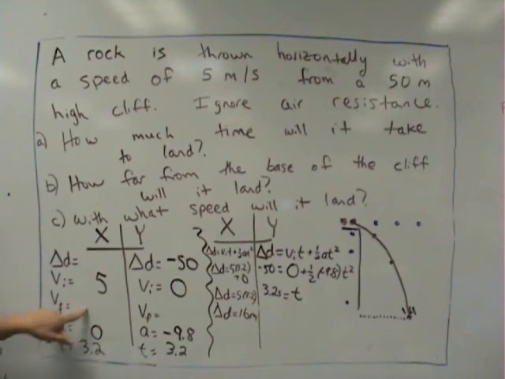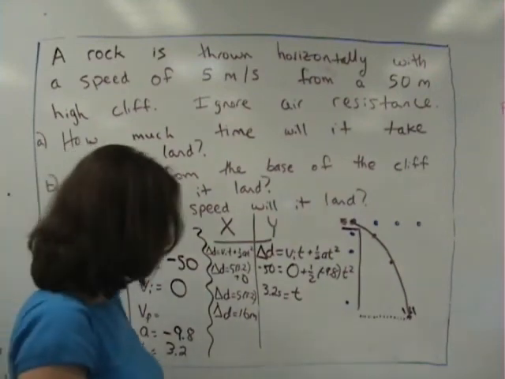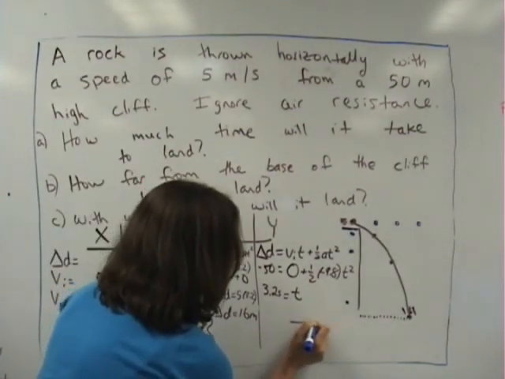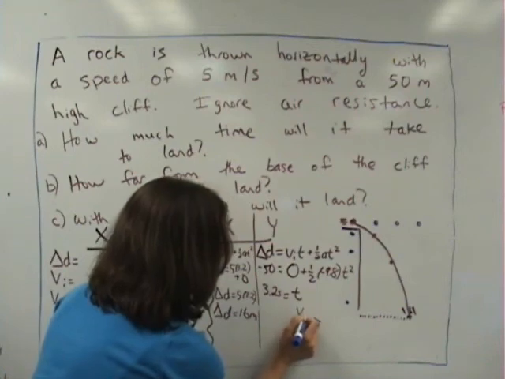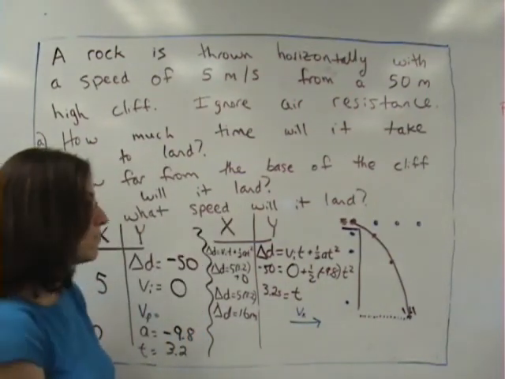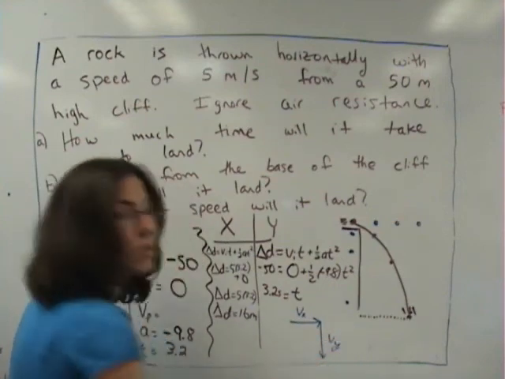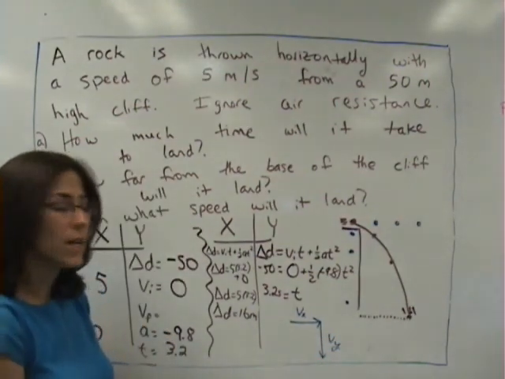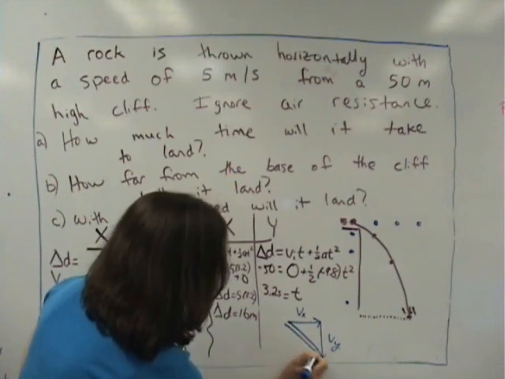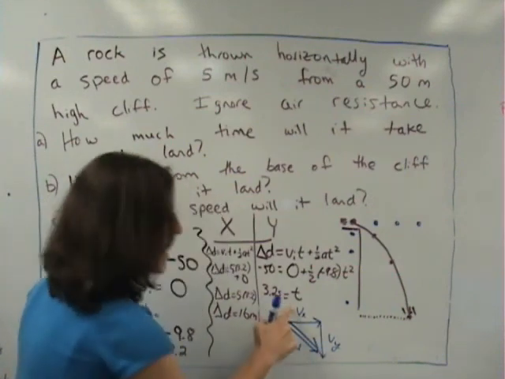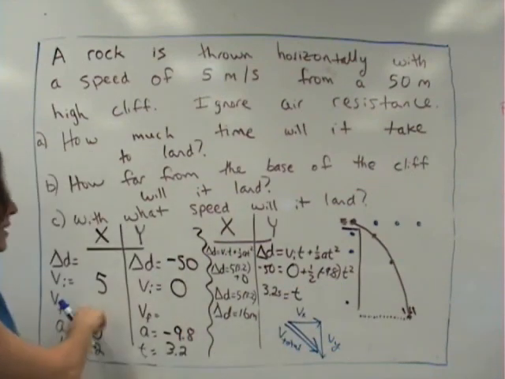You'd solve for the final x velocity using this side, and then you need to put them together. Meaning the final x velocity is vx, the final y velocity is vy, and what you'd be looking for if you're looking for the overall speed, you'd be looking for the magnitude of this resultant. That's the v total. So you use a little Pythagorean theorem with numbers from here.